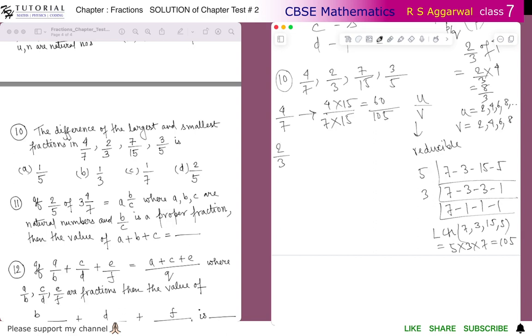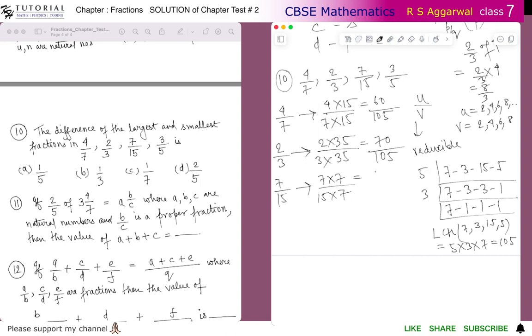2 by 3, its equivalent fraction where the denominator will be 105 has to be 3 multiplied by 35 and 2 multiplied by 35. So this becomes 70 by 105. Okay, 7 by 15. This equivalent fraction with the denominator as 105 will be 15 into 7, 7 into 7.